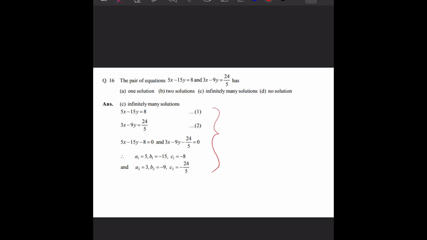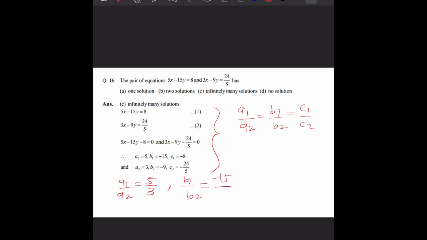By comparing the values of A, B, C. We all know A1 upon A2 is equals to B1 upon B2 is equals to C1 upon C2 is a condition for infinitely many solution. As we compare, let's find out A1 upon A2. What is A1 upon A2? 5 by 3. What is B1 upon B2?